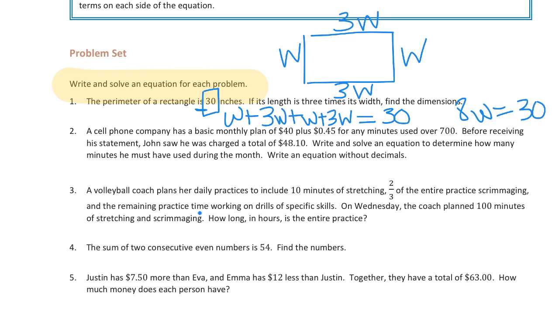How long is the entire practice? So I got to think to myself, how might I set this up? Okay. So I'm going to use the letter P to represent the entire practice.